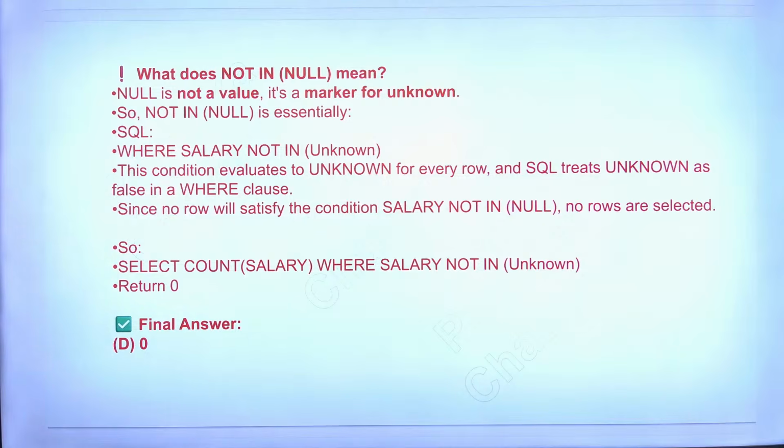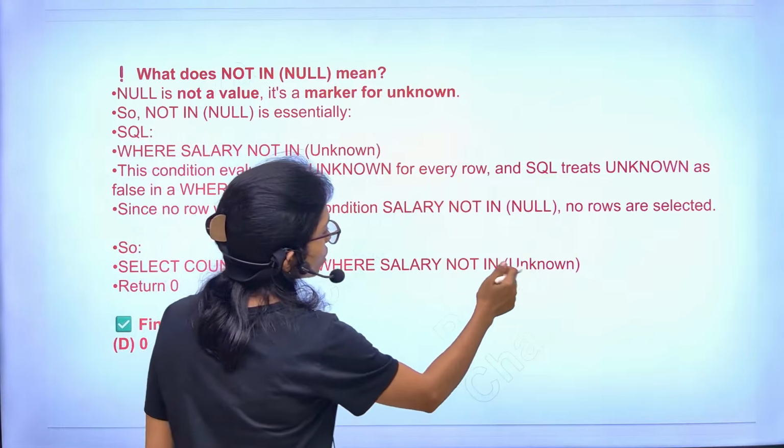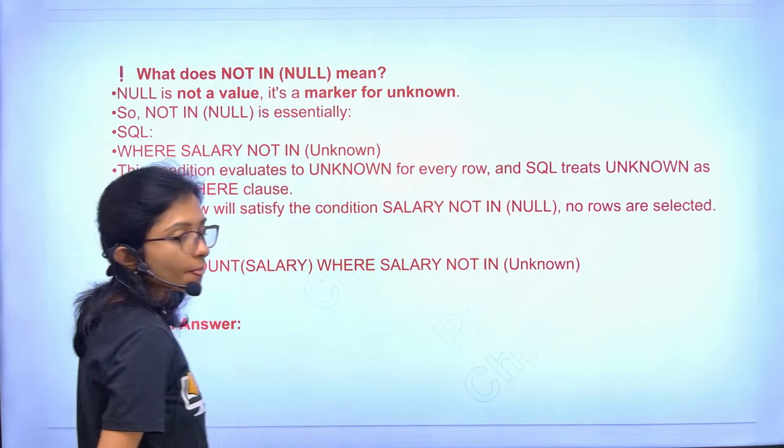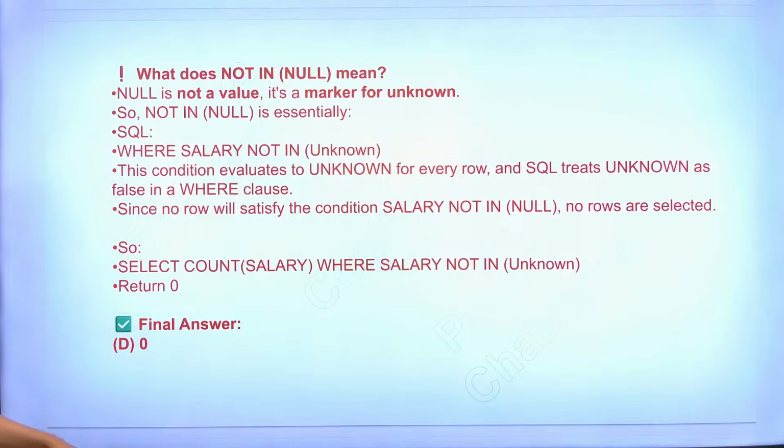Is there anything? So no row will satisfy the condition salary not in null. No rows will be selected, and that's why it works like select count of salary where salary not in unknown. Not in unknown. There is no one, that's why it is 0.